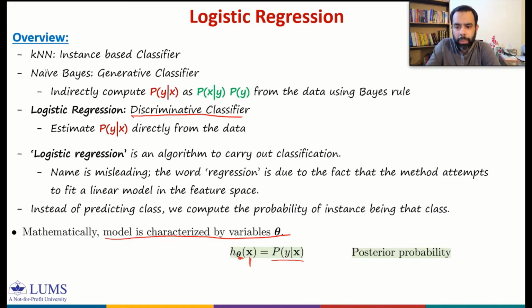So this is a very simple mathematical characterization of a parametric classifier or a discriminative classifier.